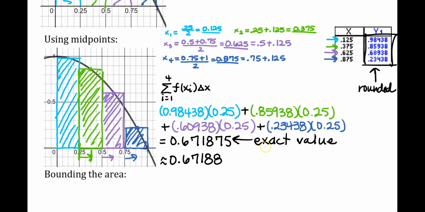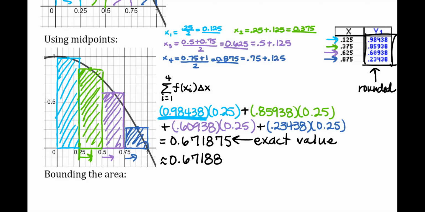One way that you could get the exact value is, instead of using this approximation for the height of the rectangle at 0.125, you could actually plug 0.125 into this parabola. And so the equation of our parabola was y is equal to 1 minus x squared. Well, if we actually evaluate the function at 0.125, we'd have this. So if you use this expression instead of this rounded expression that the calculator gives you, then you would get the exact values. But again, either one is correct and earns full credit.